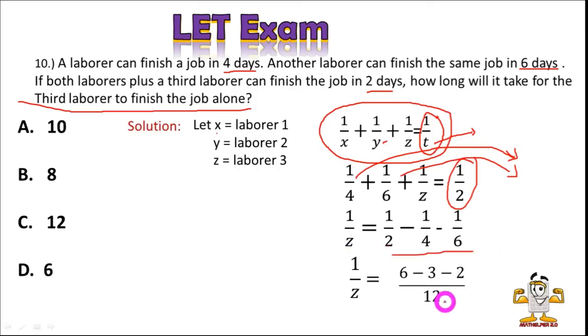So 12 divided by 2 is 6. 6 times 1 is 6. 12 divided by 4 is 3. 3 times 1 is 3. 12 divided by 6 is 2. 2 times 1 is 2. So 6 minus 3 is 3. Minus 2 is 1. 1 over 12. So laborer 3 can finish the job in 12 days.